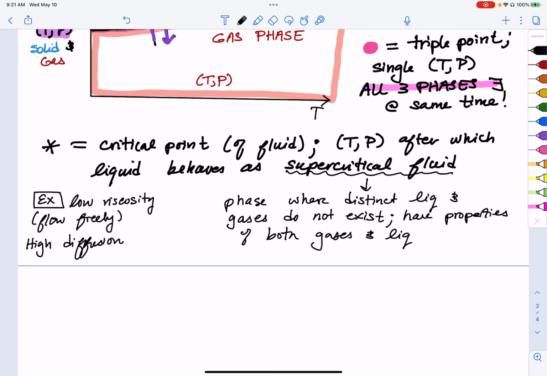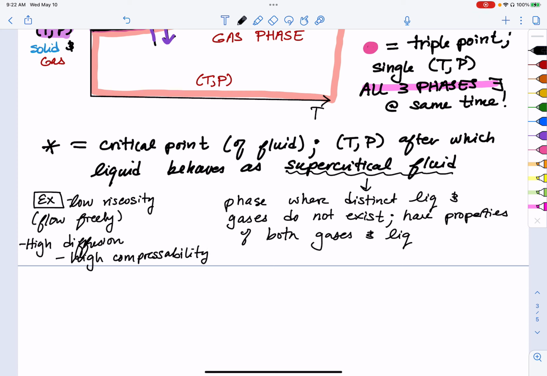And a supercritical fluid can also be super compressible. So low viscosity, high diffusion, and high compressibility.